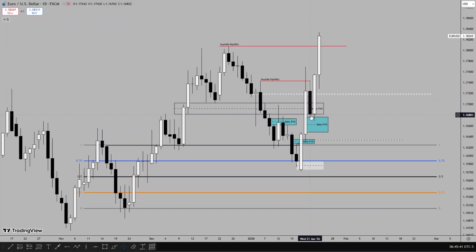Wednesday retracement. Thursday used the daily fair value gap as support, which I talked about with the SMT from the dollar index. Trading higher. Friday used Wednesday as another block, respected it, trading higher to run the buy side liquidity.